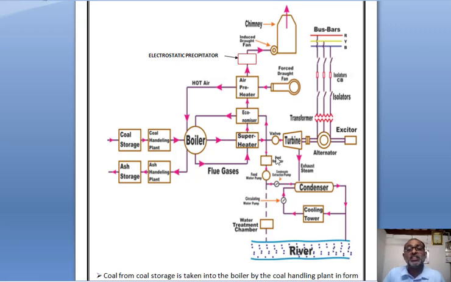Now whatever steam comes out after doing some work, that means rotating the turbine, is not let into the atmosphere, but passes through this condenser at less than atmospheric pressure. So in the condenser, whatever steam comes out from the turbine is condensed.